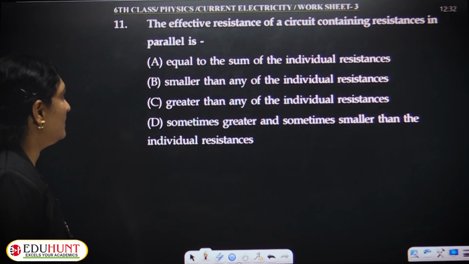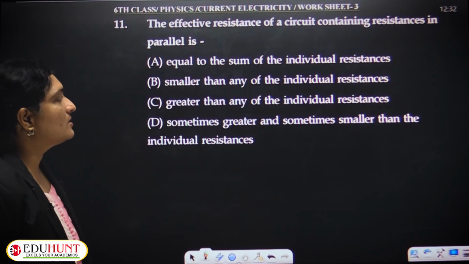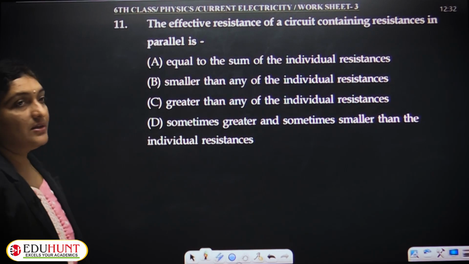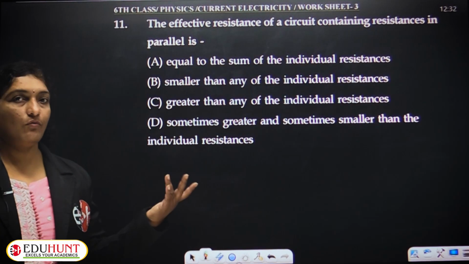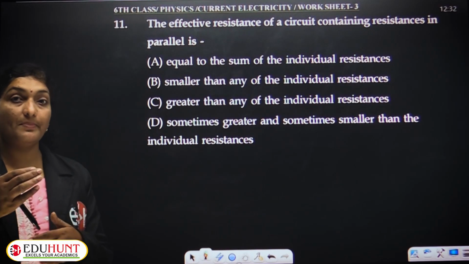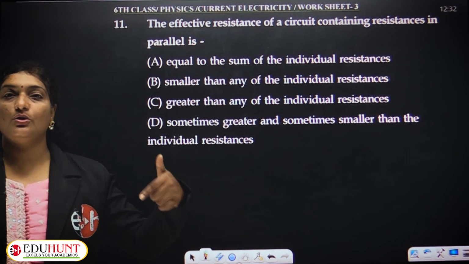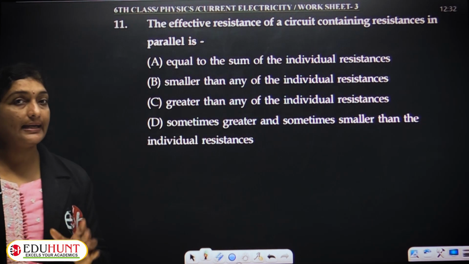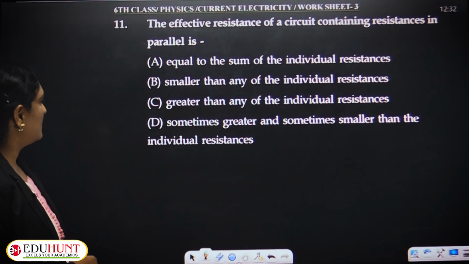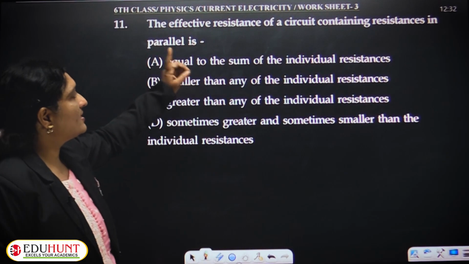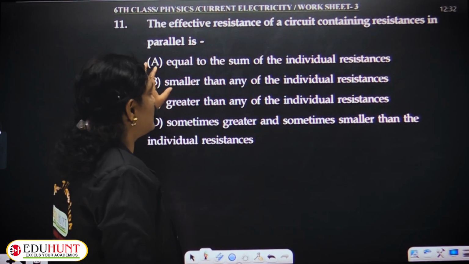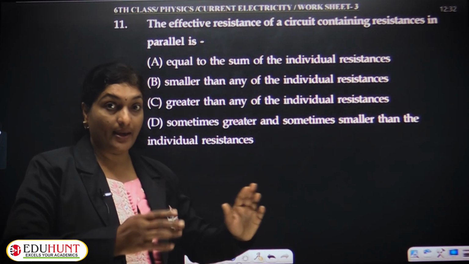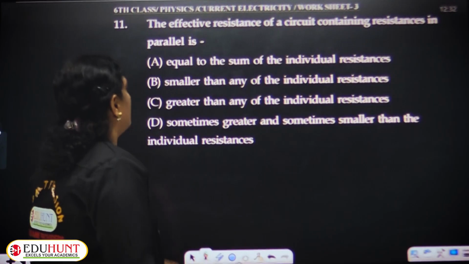Well, moving to the 11th one. The effective resistance of a circuit containing resistances in parallel is. Whenever resistors are connected in series, the total resistance increases, and whenever they are connected in parallel, the total resistance decreases. So, the total resistance will be smaller than the individual resistances.